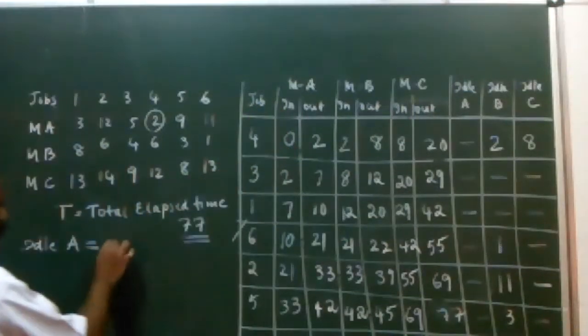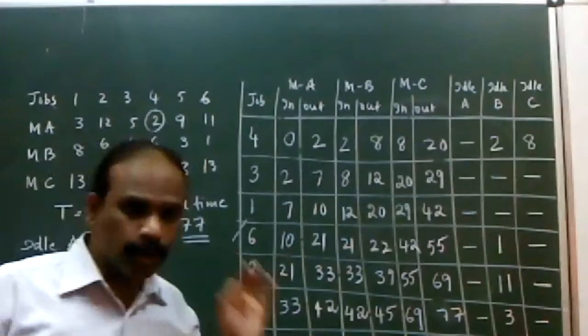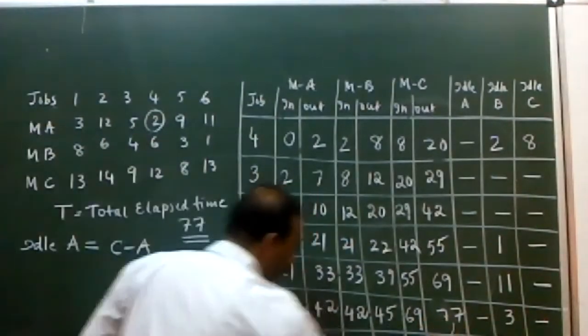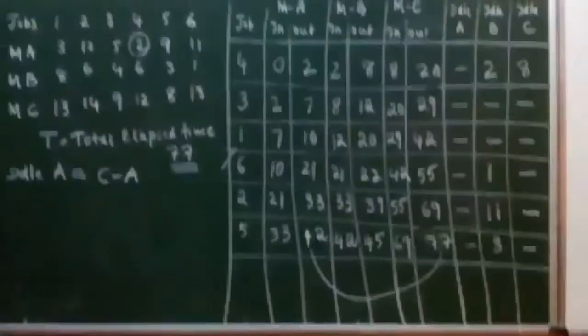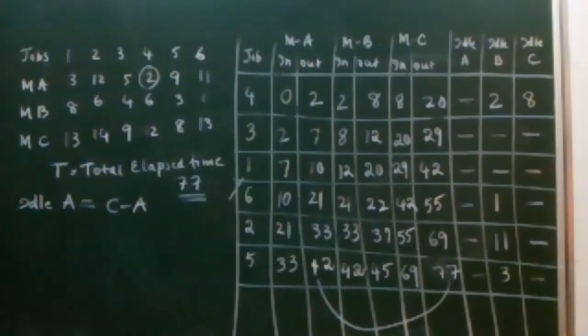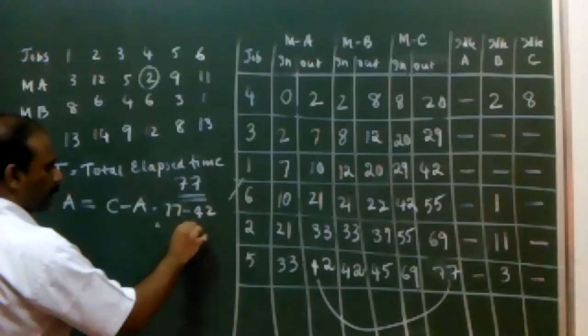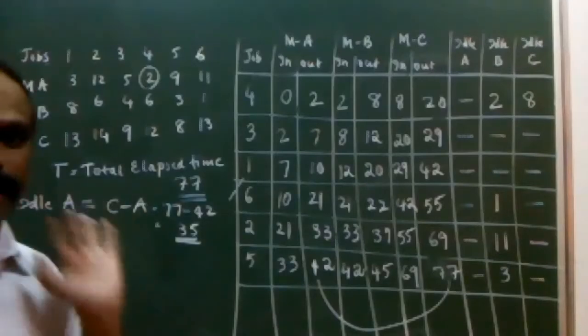That is nothing but C minus A. Either difference is covered. If you take this difference, how much do we get? 77 minus 42, which is 35. So 35 becomes the idle time for machine A.